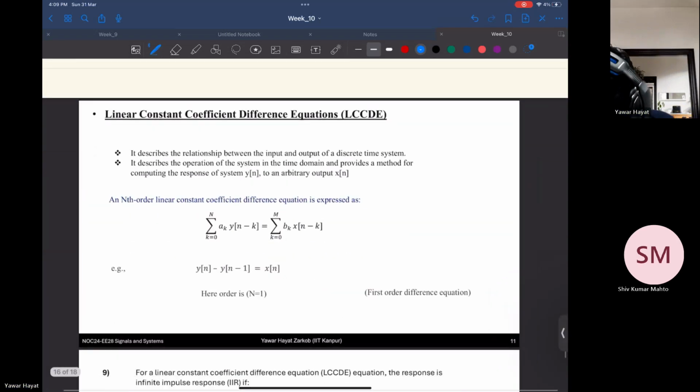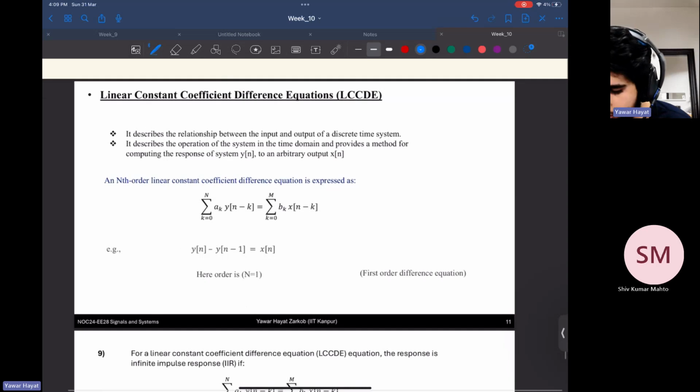Now what about linear constant coefficient difference equations, LCCDE? It is an equation that describes the relation between the input and the output of a discrete time system.